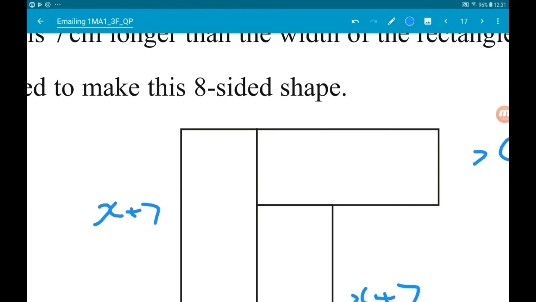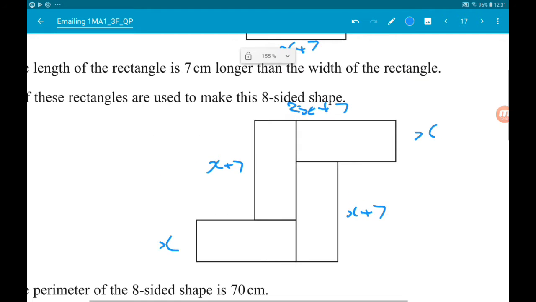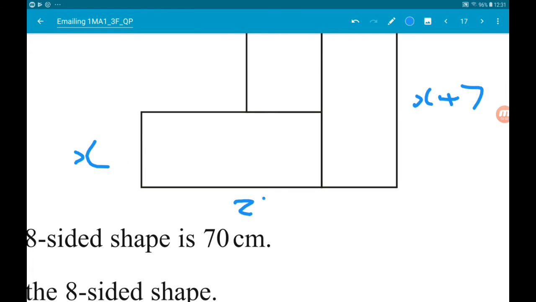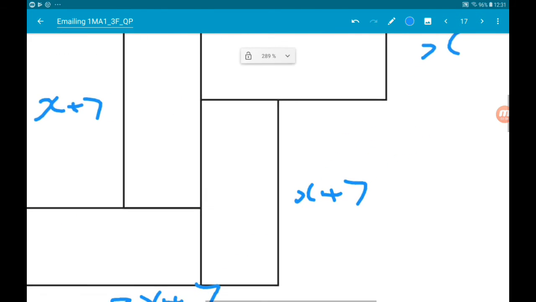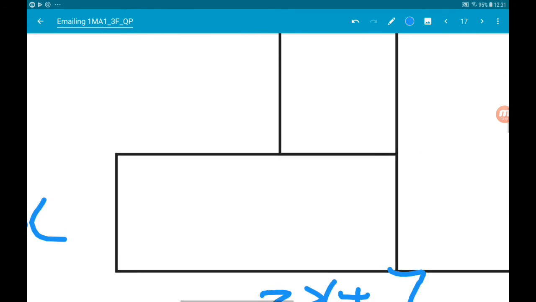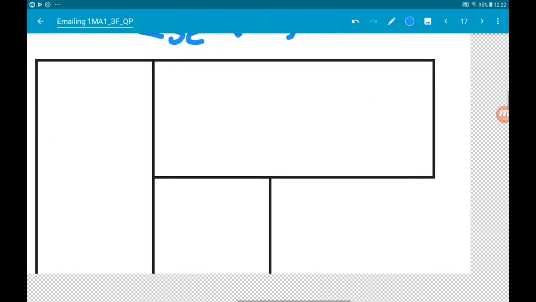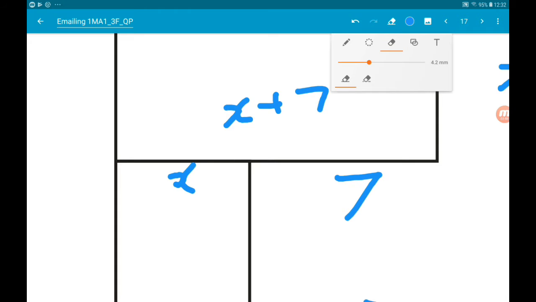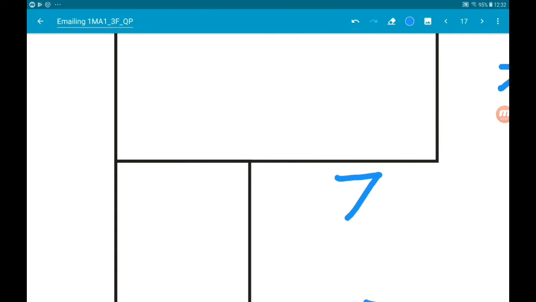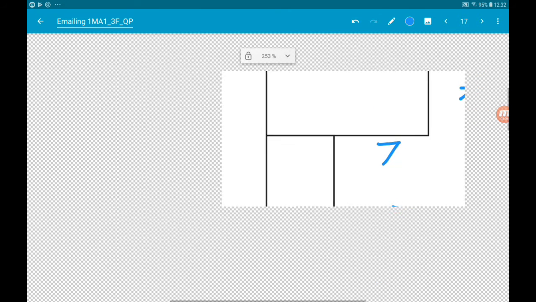That's 2x add 7. And then the other two lengths that we need are this bit and this bit. Now we know altogether this whole length is x add 7. We know this bit is x, so this bit must be 7. So then it's the same there.